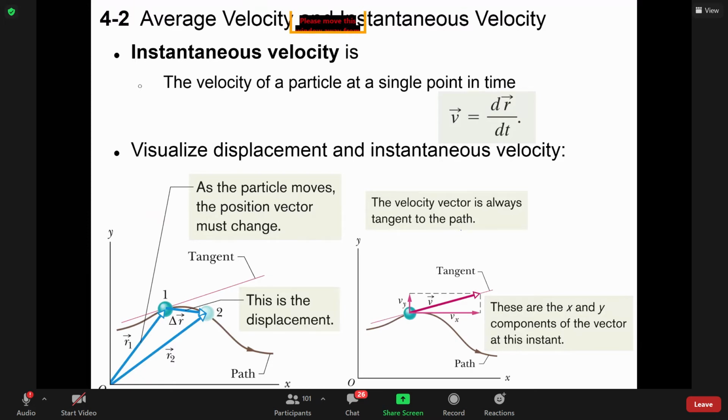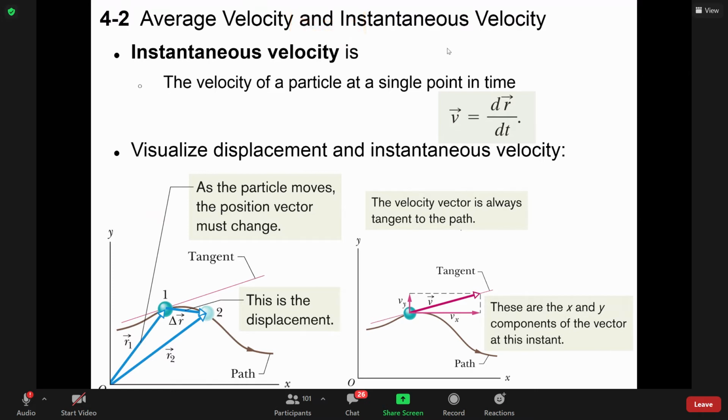What's the difference between average velocity and instantaneous velocity? Average velocity, you take over a period, 2 seconds, 3 seconds, 1 second, but it's a period. But if I ask you, what is the velocity of this particle now? Means give me the instantaneous velocity.